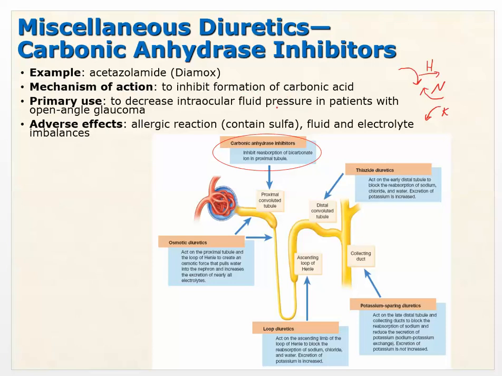So it does work as a diuretic. However, these have pretty specific uses. For example, acetazolamide, Diamox. Primary use: to decrease intraocular fluid pressure. So we're not looking at cardiac, we're not looking at renal in this case. You should just be aware of these.